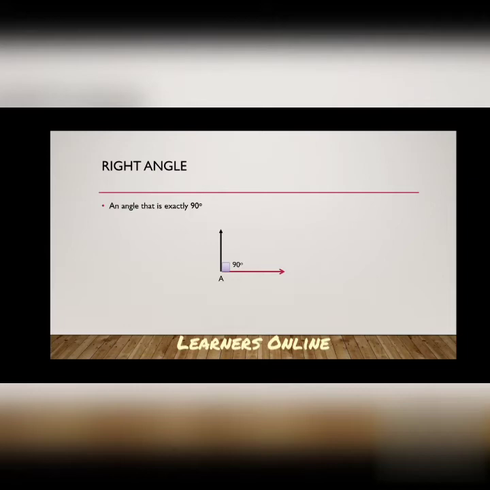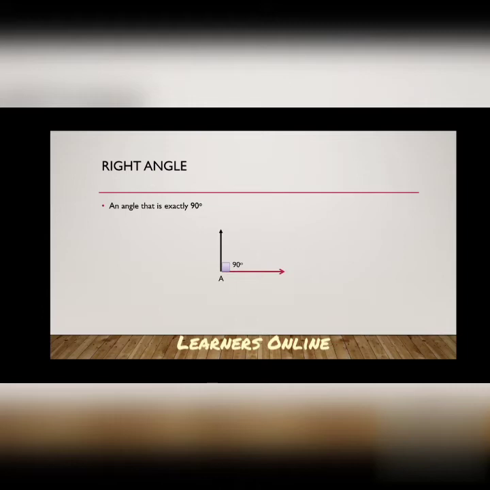It is represented by the square, as you can see the purple square in the figure. When you draw this purple square, you simply draw a square and it would definitely highlight that this is a right angle. You don't need to mention 90 degrees here, but I have done it for your convenience. So such an angle is a right angle, where the starting arm and terminal arm are perpendicular to each other.